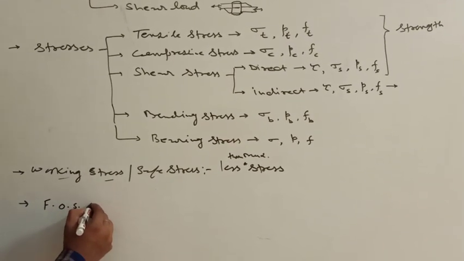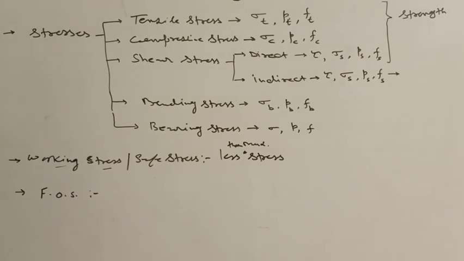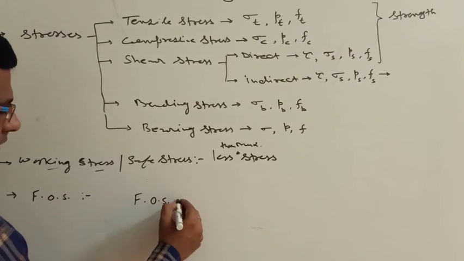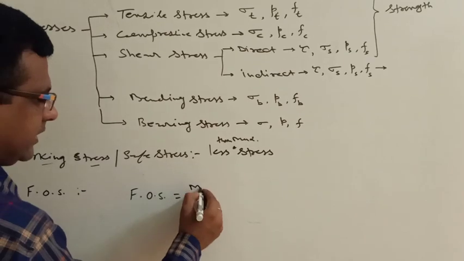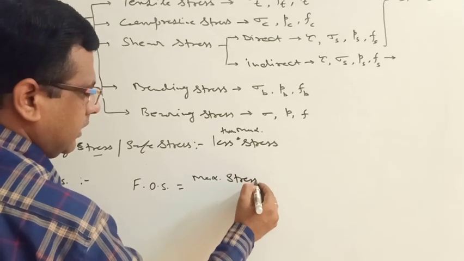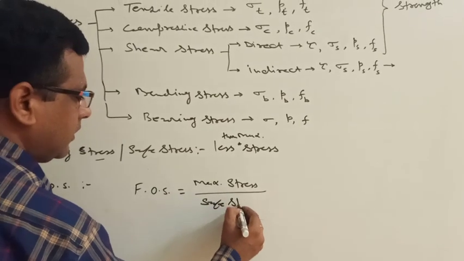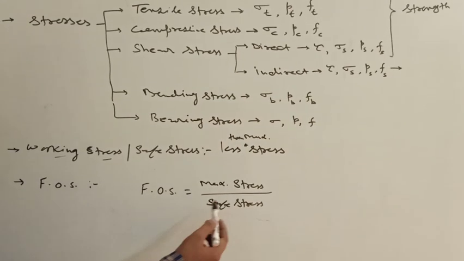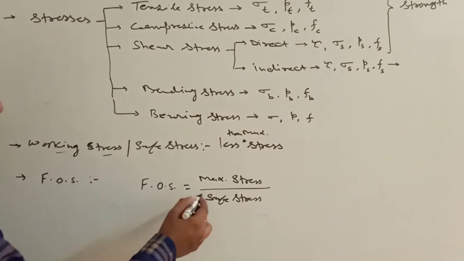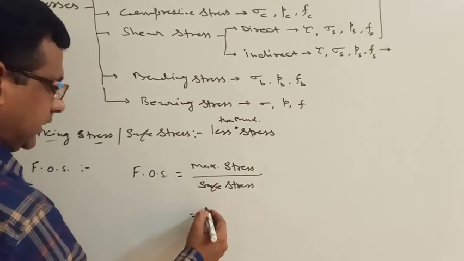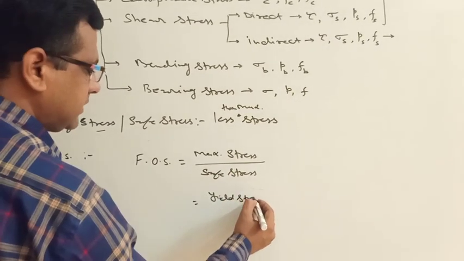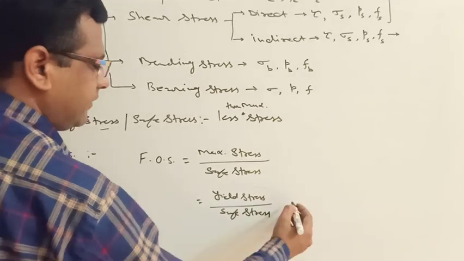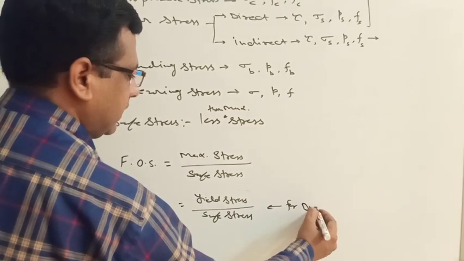Another criterion which we are using in our designing is the factor of safety, and this factor of safety is the ratio of maximum stress upon safe stress, or allowable stress, or working stress, or design stress. Various nomenclatures are there for this safe stress. If the maximum stress is the yield stress, then yield stress upon safe stress is the factor of safety for ductile materials.